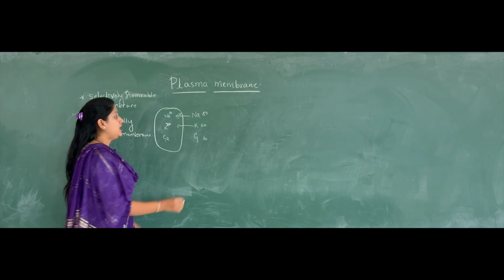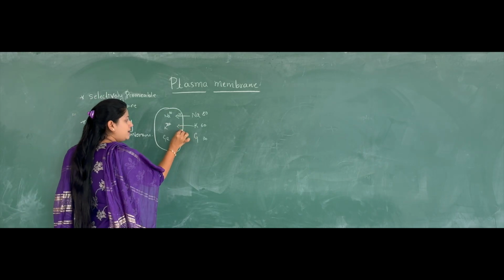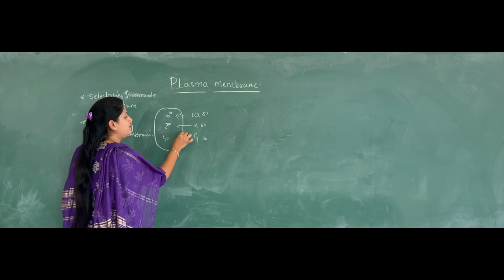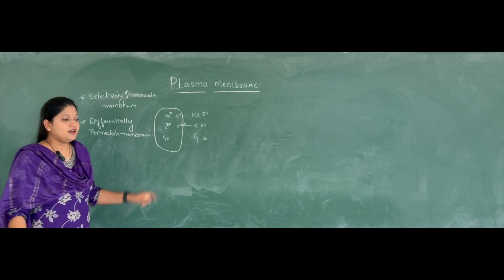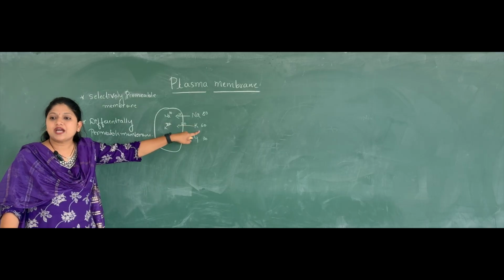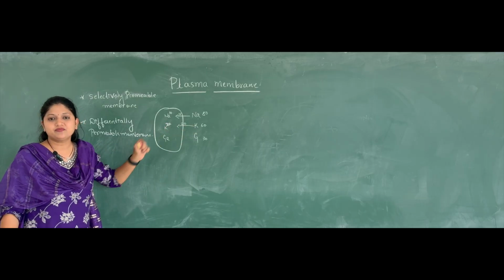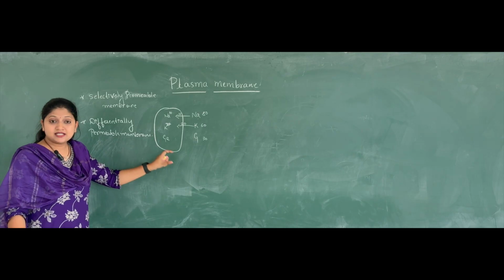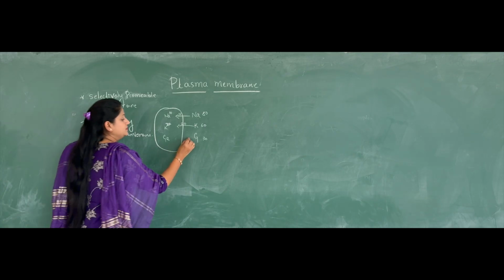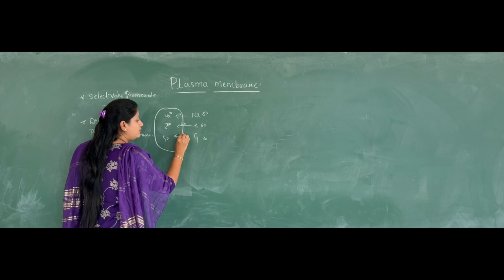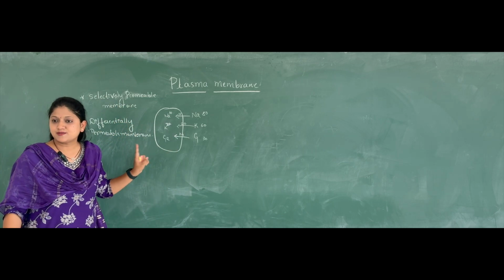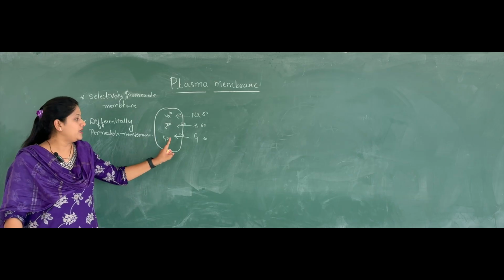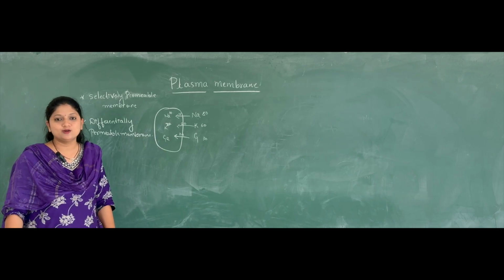Similarly, the same plasma membrane will send 20 molecules of potassium inside to maintain the equilibrium. Again, the same plasma membrane will send 14 molecules of glucose into the cell to maintain the equilibrium of the glucose.